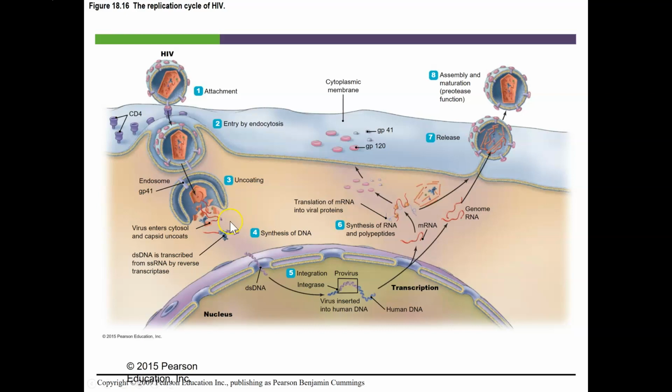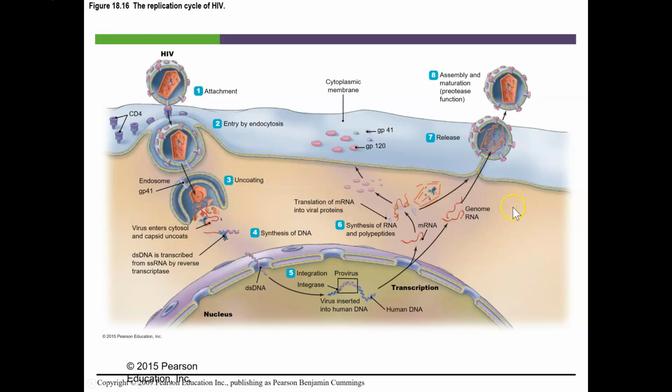Then the genome, which is RNA, is converted to DNA, and it enters into the nucleus and incorporates into the host genome. RNA copies are made from that viral DNA, which serve as both message and as genome of the virus. Those RNA copies will, after transcription, leave the nucleus and enter into the cytoplasm, and then translation occurs to make new viral proteins.